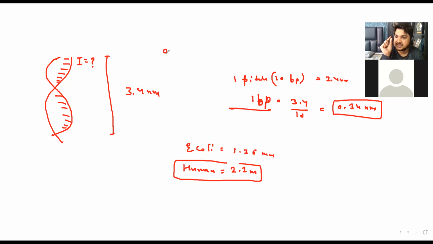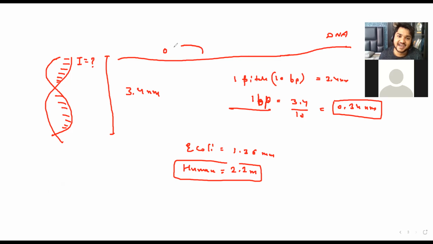Yes, our cell size is very, very small. But relatively, all of our DNA together is large. This is our DNA, which is 2.2 meter, and our cell is very, very small. So how can this DNA be accumulated in that?